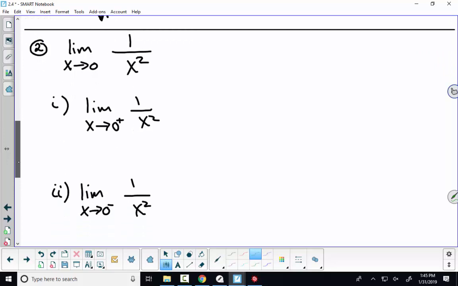Okay, how about the limit as x approaches 0 of 1 over x squared? We'll start out with a couple of simple ones so we can get our bearings, and then we'll look at a few more involved examples.